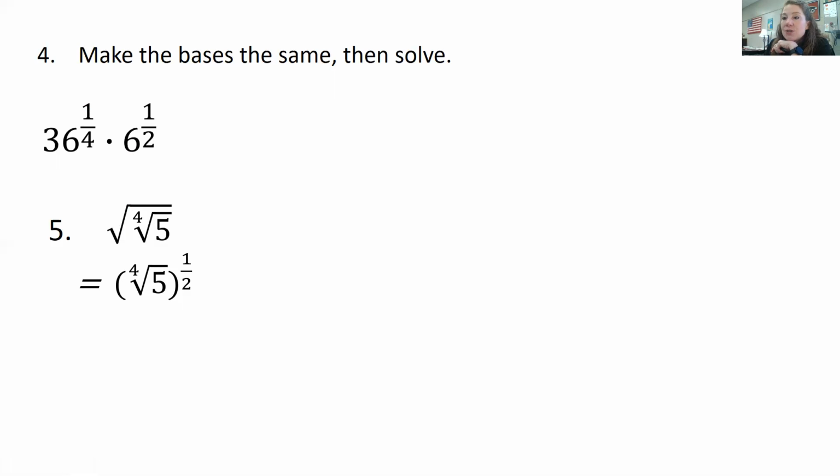And then step 2 is we turn the 4th root of 5 into 5 to the 1/4 power. We're going to multiply it by 1/2, and we get the answer 1/8. All right, so you guys, oh, and I didn't finish it. So finally, the final answer is the 8th root of 5, because our 8 becomes our index, and the exponent is a 1.